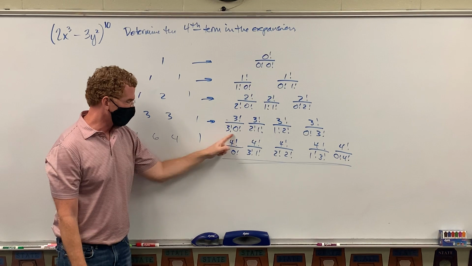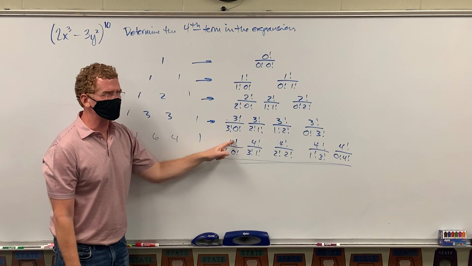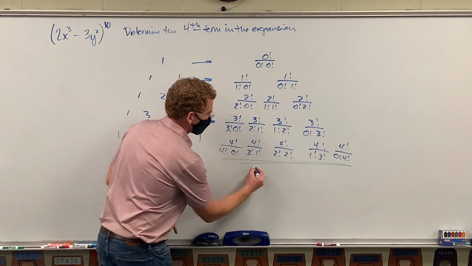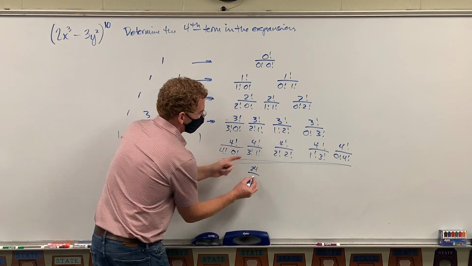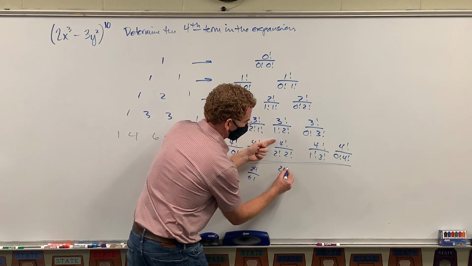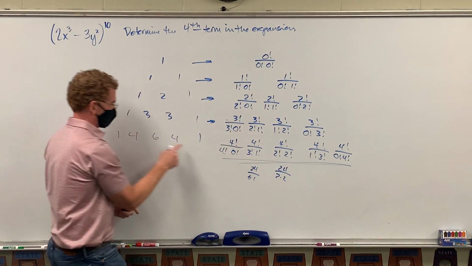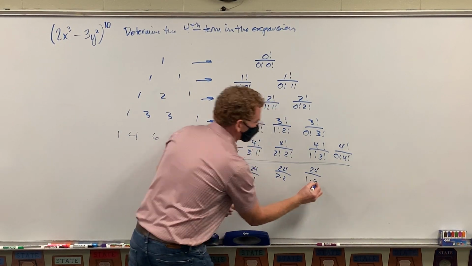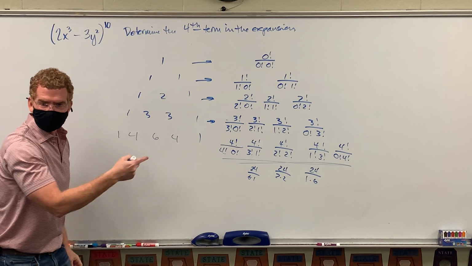Because do the math on that. That right there is what? 24 divided by 24 and 1. This is 24 divided by 6 and 1. There's my 4. This is 24 divided by 2 and 2. There's my 6. This is 24 divided by 1 and 6. There's my 4. Are you tracking with me?